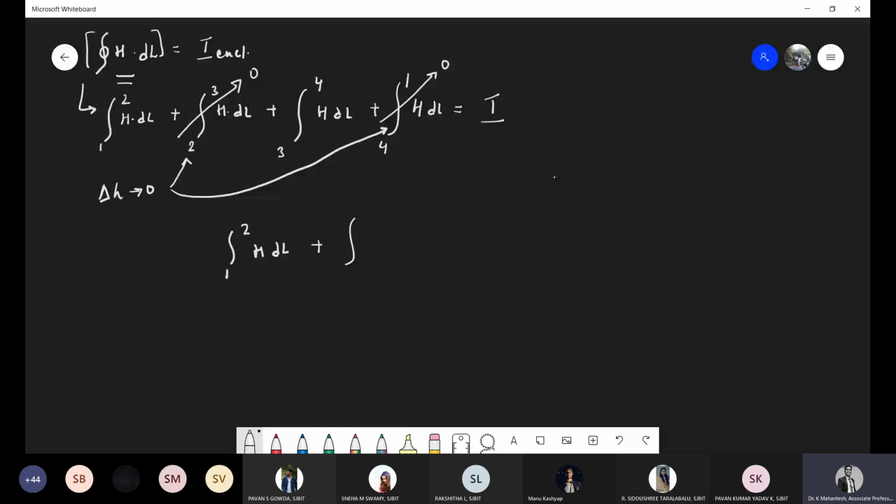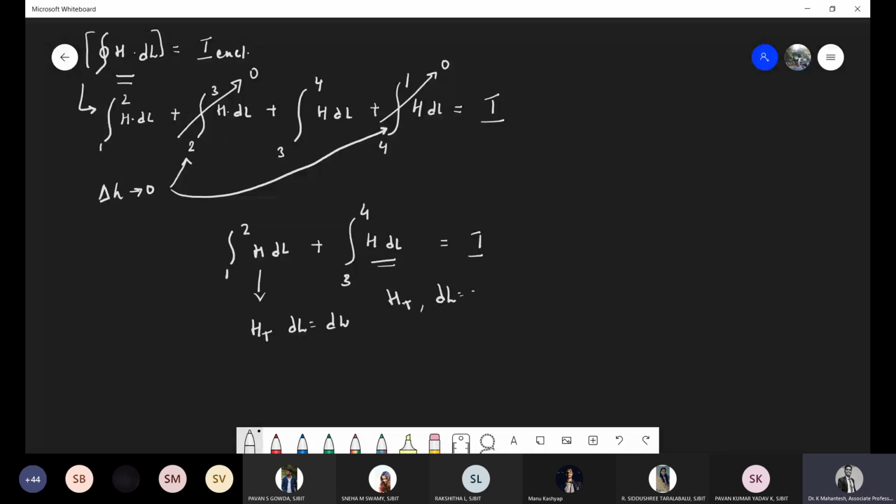So what is this H now? This H is a tangential component Ht, and dl is equal to dw. Again, for the other path H is equal to Ht, but dl is equal to minus dw.